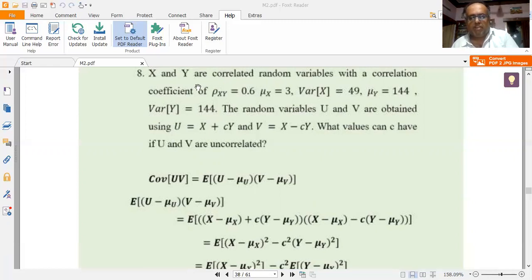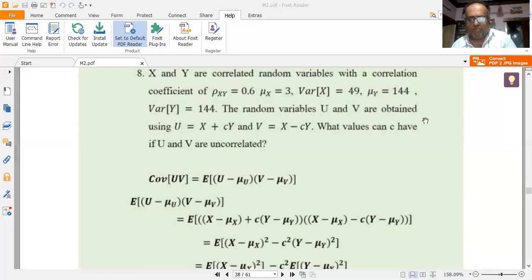Here it tells X and Y are correlated random variables with a correlation coefficient of rho XY equal to 0.6. Rho XY always lies between -1 and +1. Mean of X is equal to 3, variance is equal to 49. Mu Y, mean of Y is equal to 144, variance of Y is equal to 144. Variance of Y is 144, variance of X is 49.